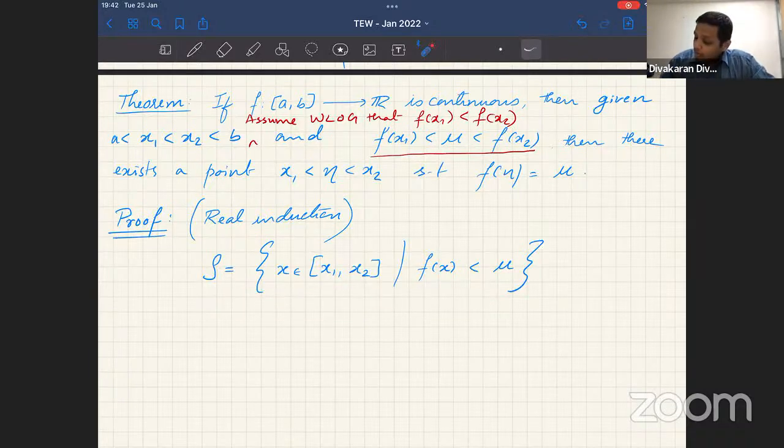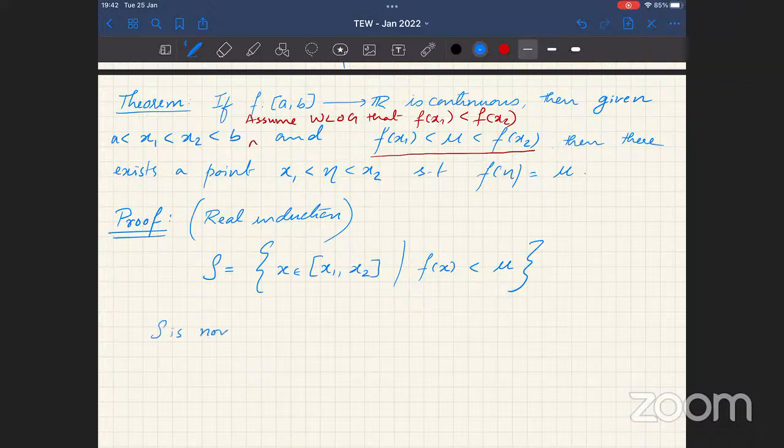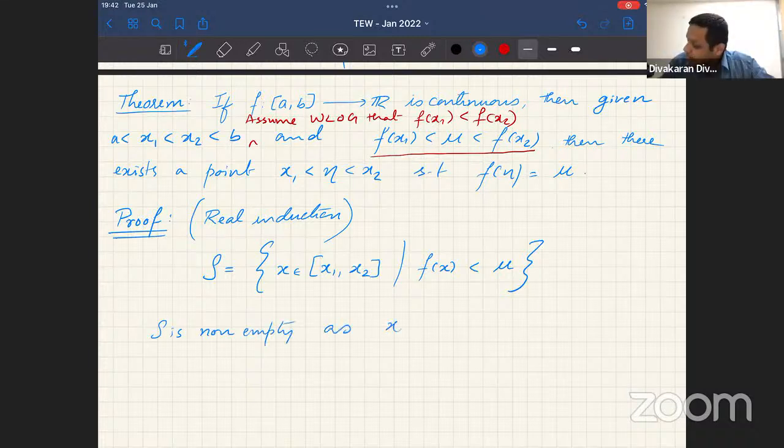Now, notice that this S is a non-empty set. Why is this set non-empty? x1 belongs to S. Very good. As x1 belongs to S, S is a non-empty set.